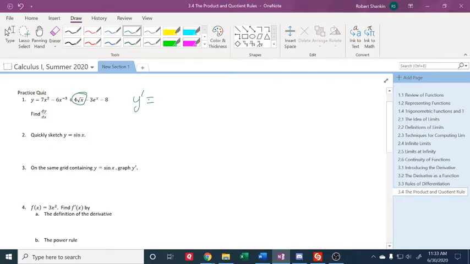I'm just going to rewrite the right-hand side. Now there's really an unwritten 2 over here, and an unwritten 1 right there. And that 2 goes underneath that 1.